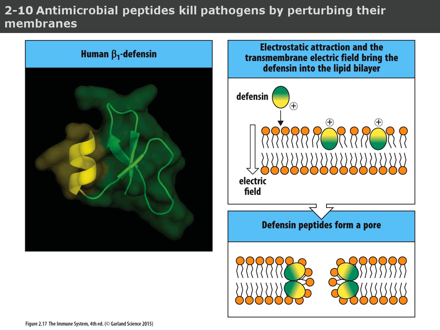Once embedded, defensin peptides come together to form pores. These pores disturb the membrane's integrity, compromising the pathogen's ability to maintain its internal environment. This disruption causes the microbe to lose essential molecules and ions, ultimately leading to its death.